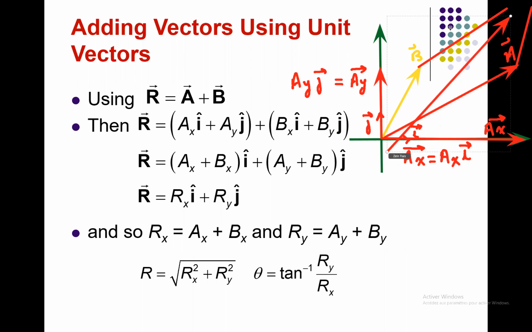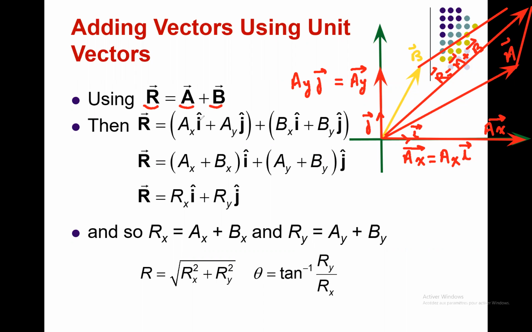This is A plus B. So here we have R equal A plus B. This is geometrically. We have to do it by calculation. So R equal A plus B.